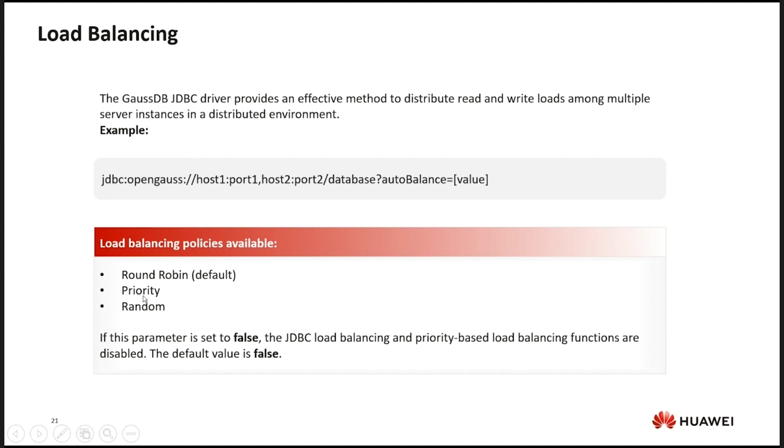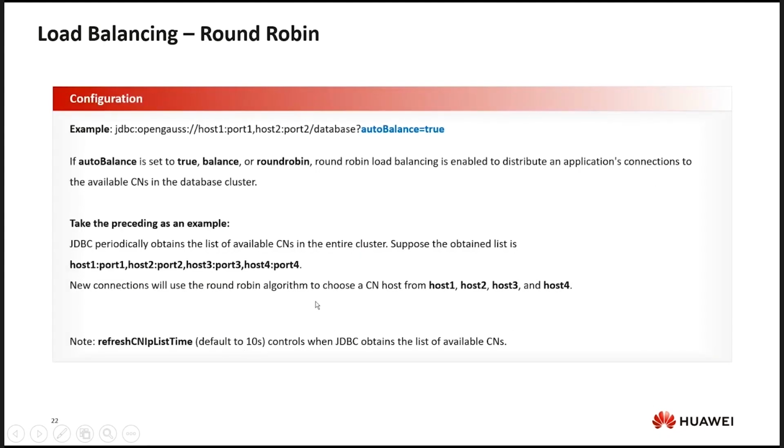So what do those parameters mean? The default policy is round robin. You put auto balance equal true, or balance, or round robin, and it will be active. What happens here is that there is a counter in JDBC.